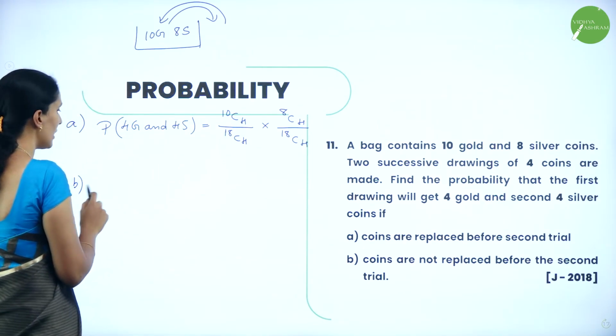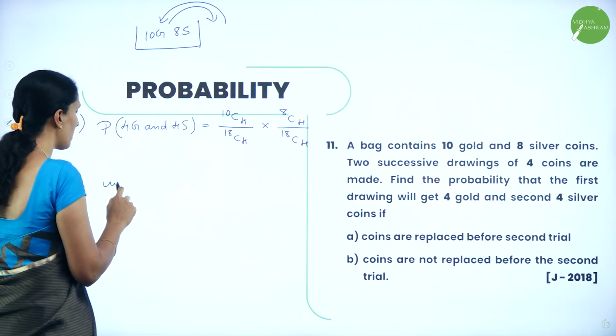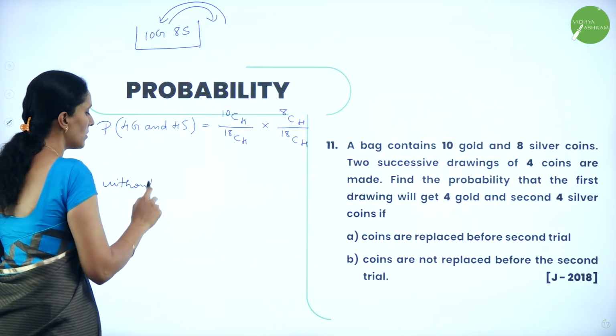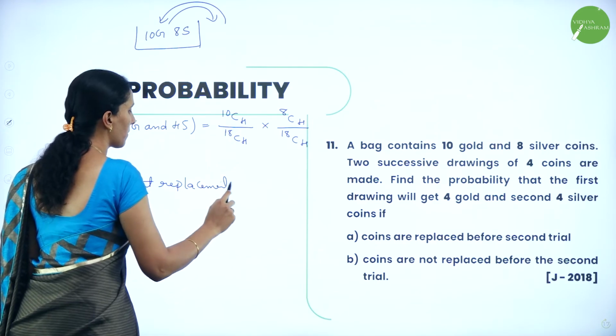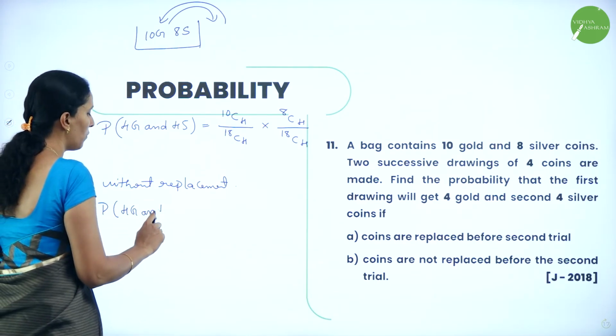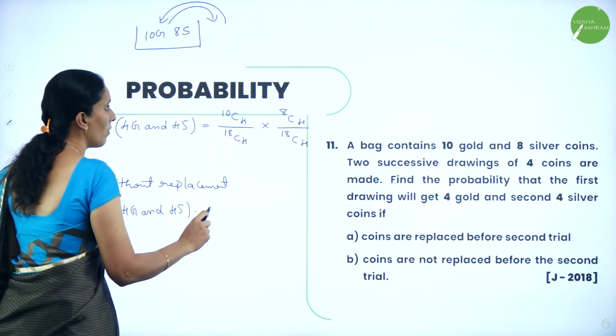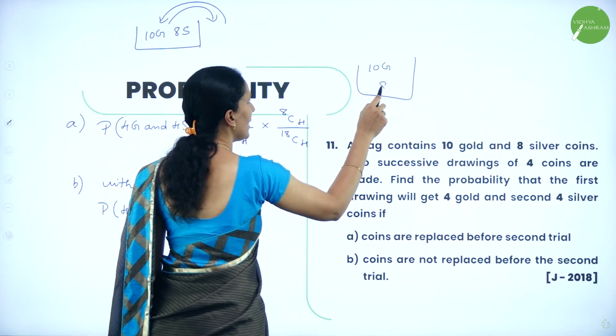Now the second one: coins are not replaced, that is, without replacement. So what happens here? The probability of getting 4 gold and 4 silver. Consider the bag has 10 gold and 8 silver coins.